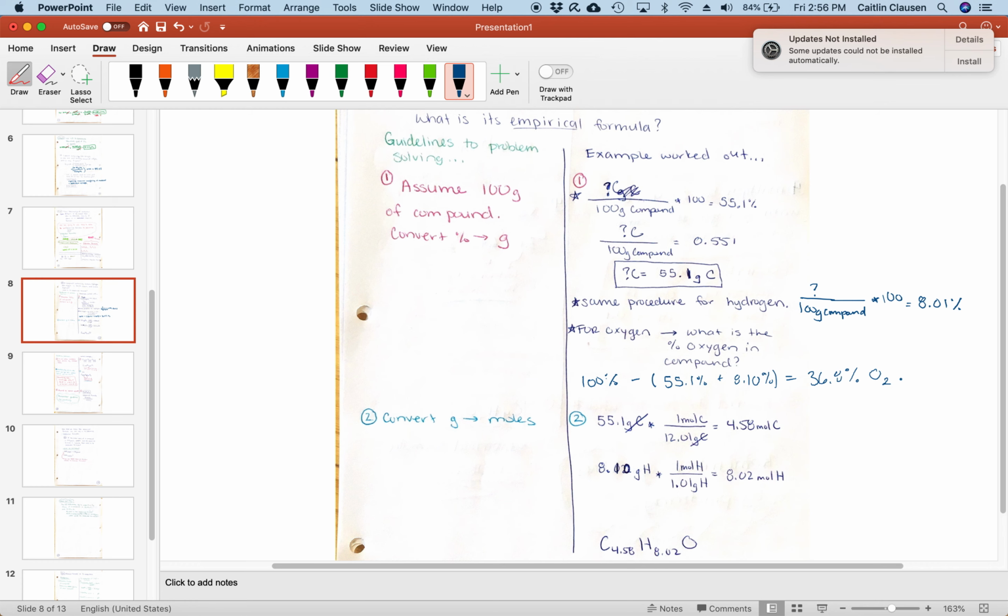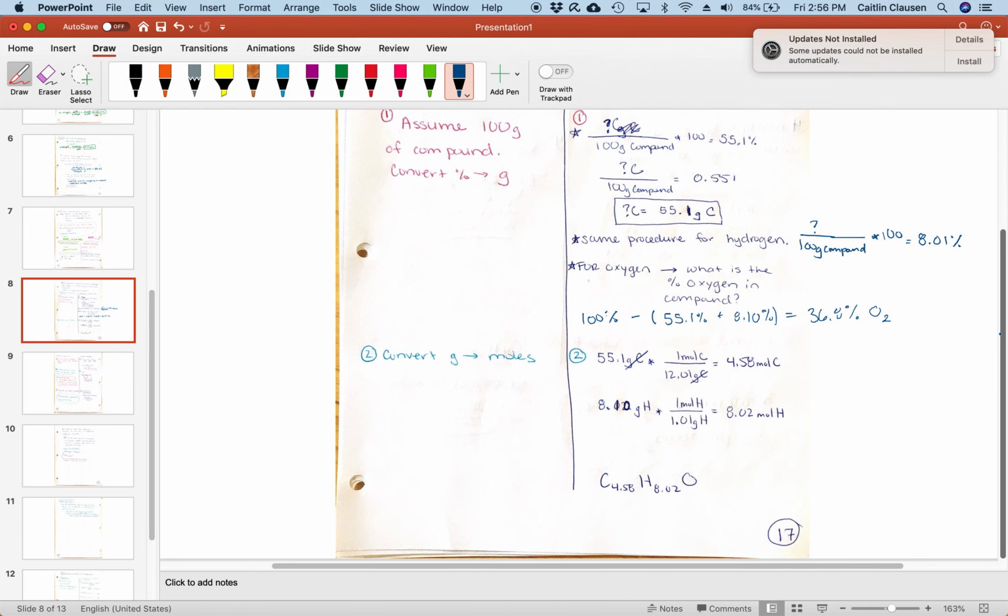Oh, no. Oh, not O2. So we're talking about elements. We're not talking about gases or molecules. So it's just 36.8% of oxygen.